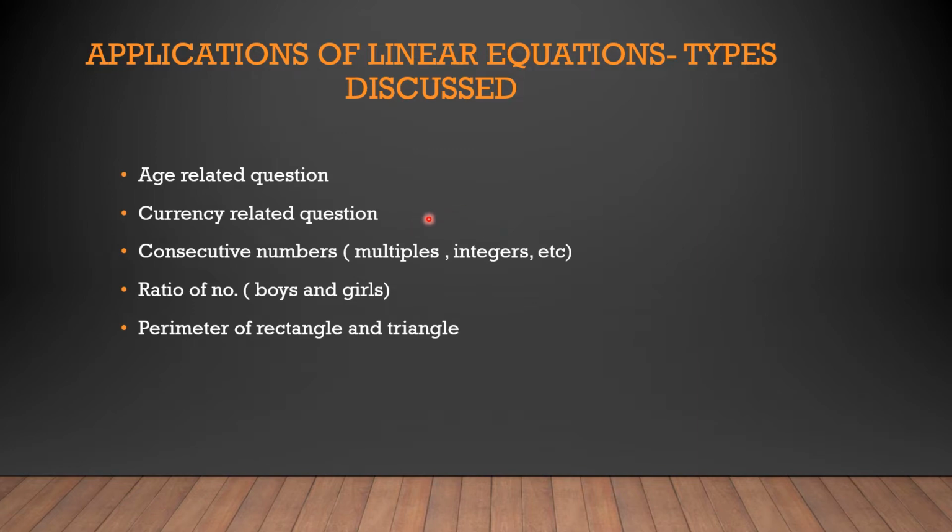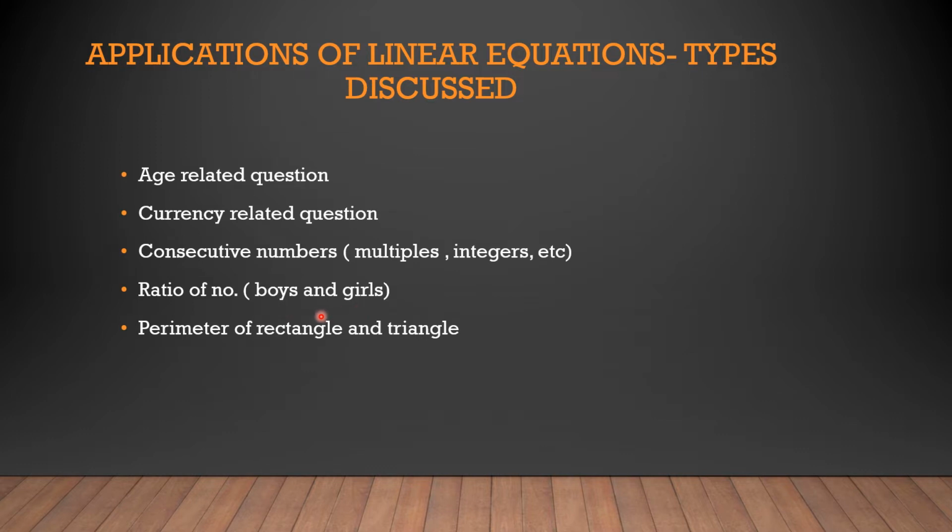These properties helped us to form the assumption part. Okay. Then we saw questions on ratio of numbers, where we used it to assume. Suppose the ratio of boys and girls was given to you as 7 is to 5. We said there are 7x boys and 5x girls.